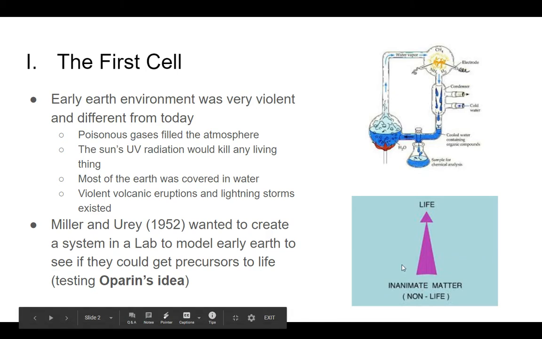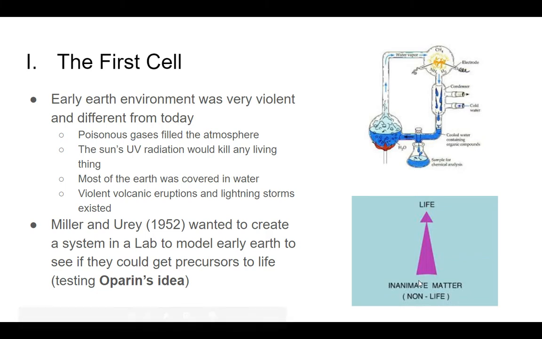So what Miller and Urey were trying to do was test whether they could make the base of Oparin's idea, some of those monomers and eventually some polymers that could self-form into cells.